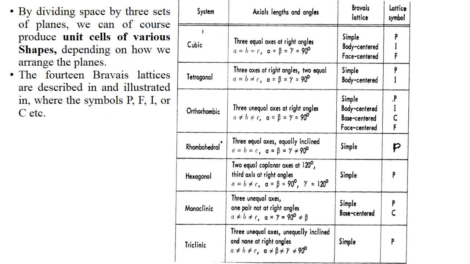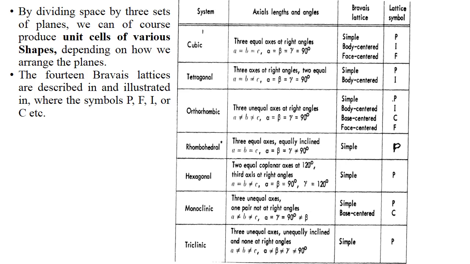This is about the crystal systems. By dividing space by 3 sets of planes, we can of course produce unit cells of various shapes depending on how we arrange the planes.